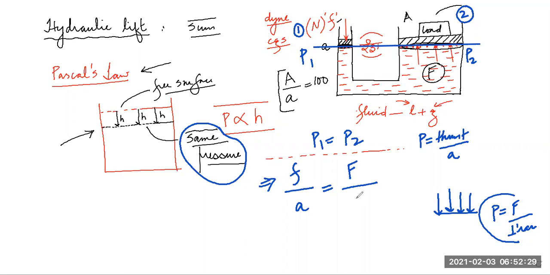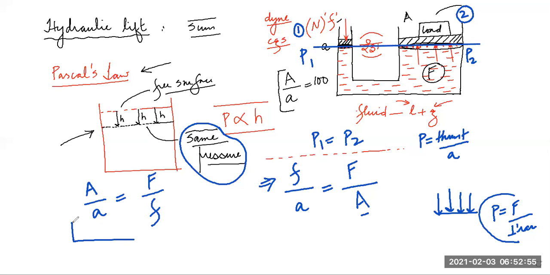This area is very big, 100 times more than the small area, 200 times, 50 times, 1000 times more. So from this, students, we will do cross multiplying. We will get big area A divided by small a would be equal to big force F divided by small force f.